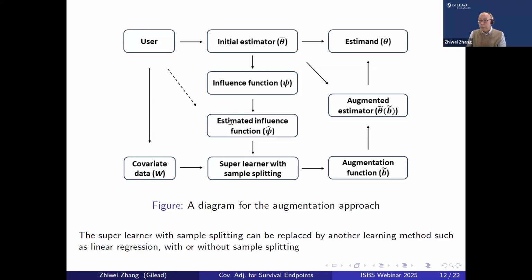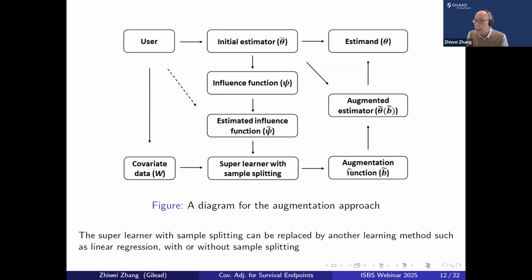Anyway, once computed, the empirical influence function will join forces with the covariate data to estimate the optimal augmentation function using a specified learning method, which may be a superlearner with sample splitting or another method of our choosing.